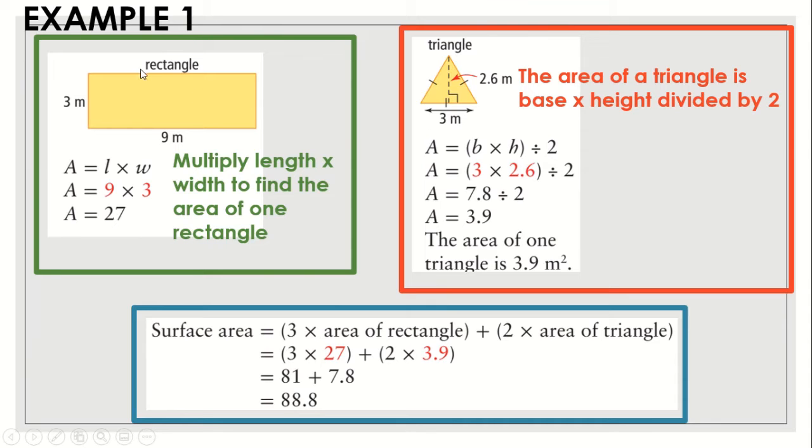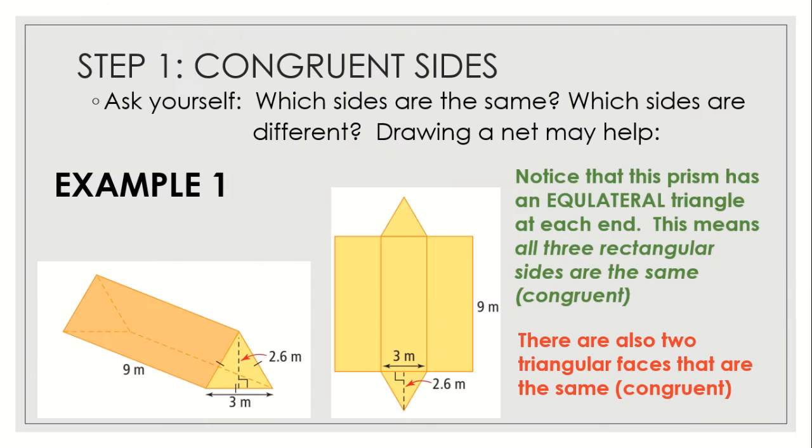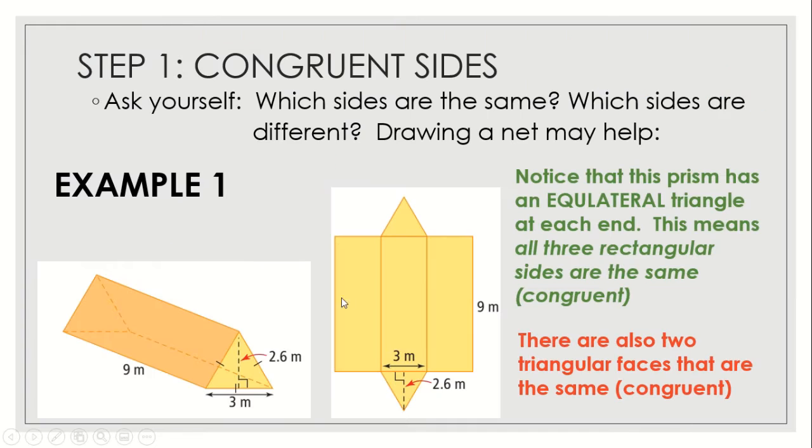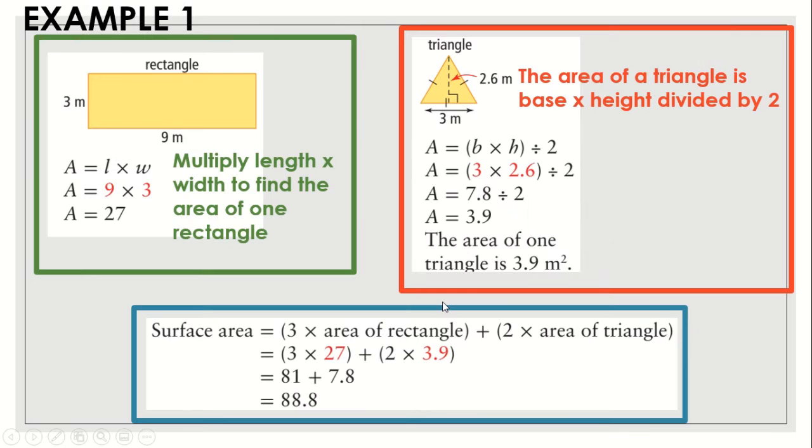So you can see for our rectangles, the area is 9 times 3, which is 27. And for the triangles, the area is 3 times 2.6 divided by 2, which is 3.9. Now, when we calculate the total surface area of this 3D prism, we need to take the area of the rectangle and multiply it by 3, because there were 3 sides that were the same.